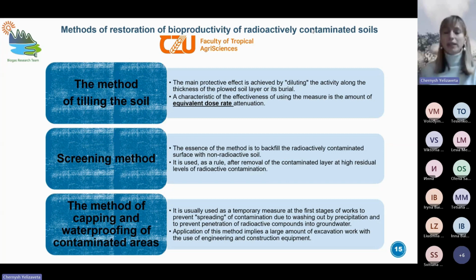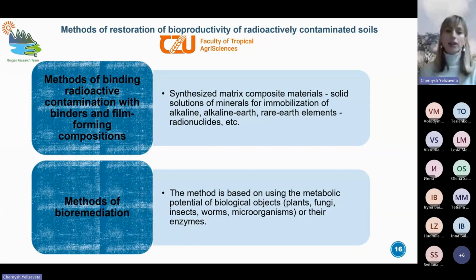For us, as we focus on biotechnologies, we also need to discuss how biotechnology can be useful for this type of remediation, soil remediation. The method of bioremediation is connected with the use of the metabolic potential of different biological agents and enzyme technologies, and mostly it is also combined with the use of different matrix composites.